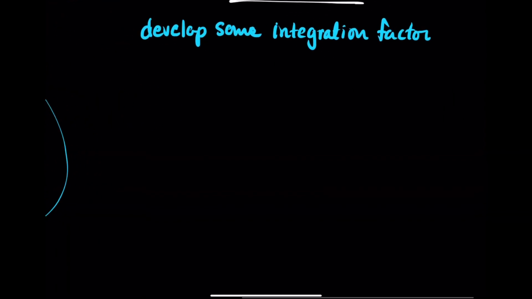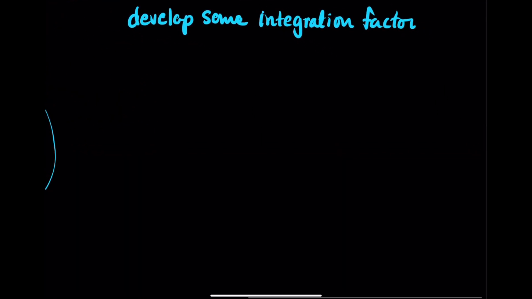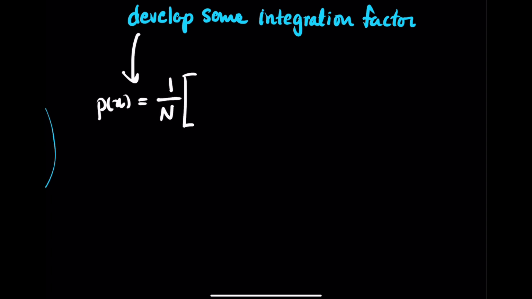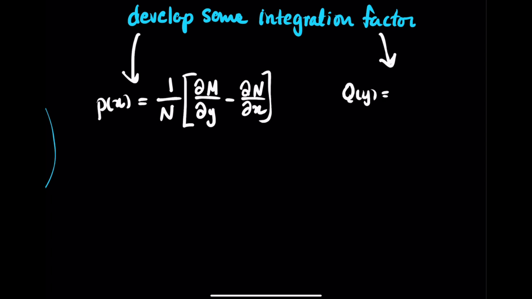And I'm going to zoom in. Okay, so you can either have it such that you have P of x, and P of x is 1 over N, and then the partial derivative of M with respect to y minus the partial derivative of N with respect to x. Or it could be Q of y. And if this does not make sense, just hold on for 1 second.